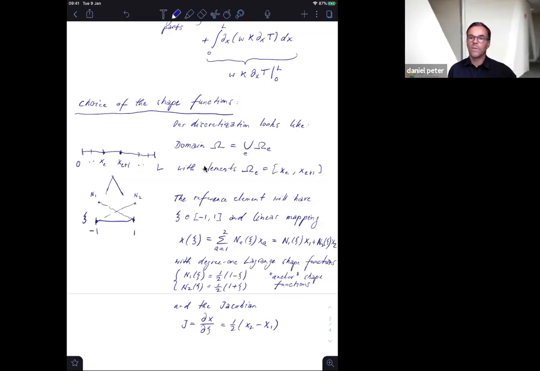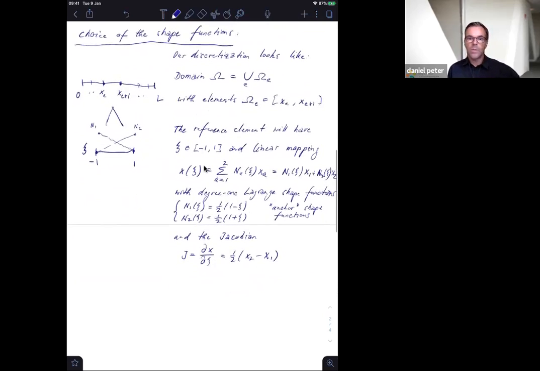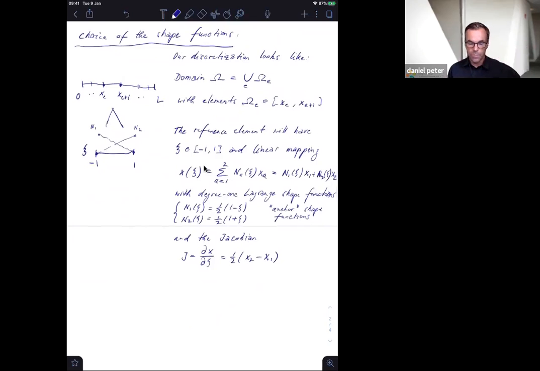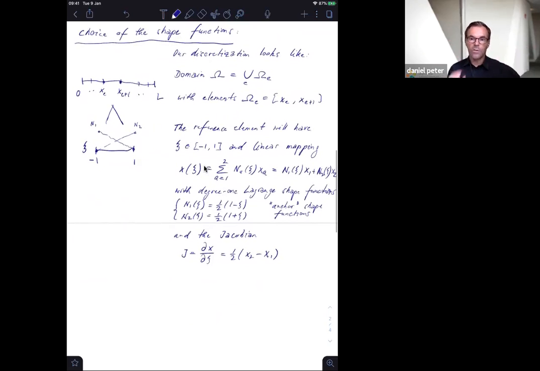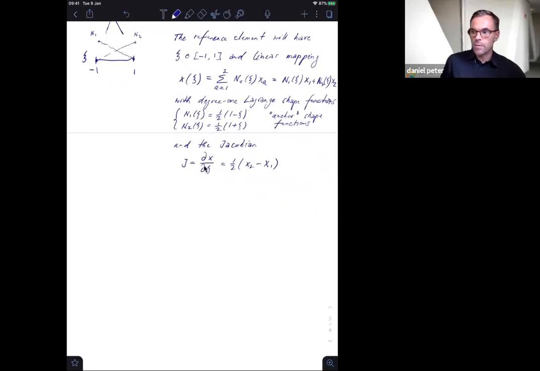Here we start differing from the finite element method, which would have used, for example, the same linear shape functions as for the mapping. In the spectral element method, we separate these two. The shape functions deal with the geometrical shape of the problem, and the basis functions deal with the function expansion. So here we come to the choice of the basis function.